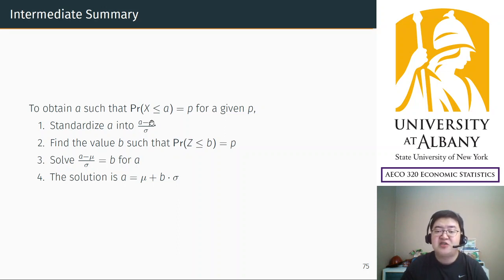Then match these two. Then in the end, it's easy. If you rearrange this, you get A equals mu plus B times sigma. So that is the P percentile value for X.